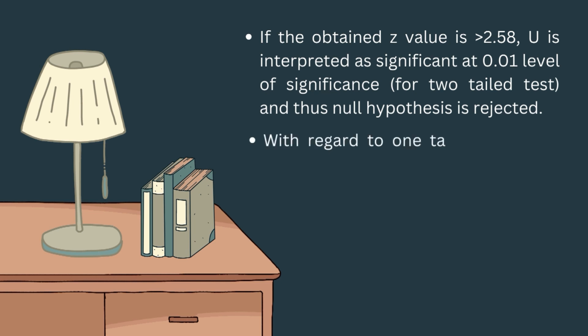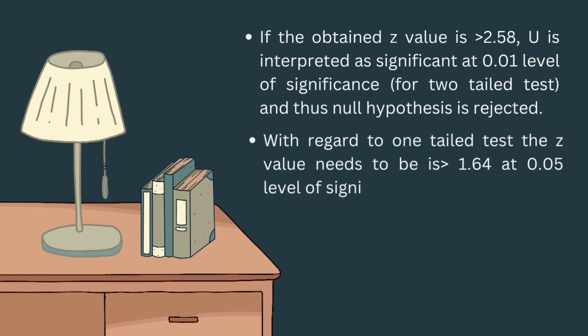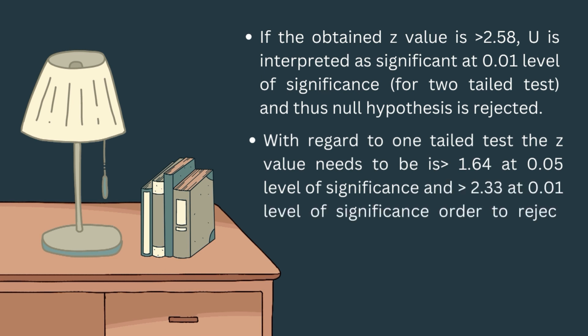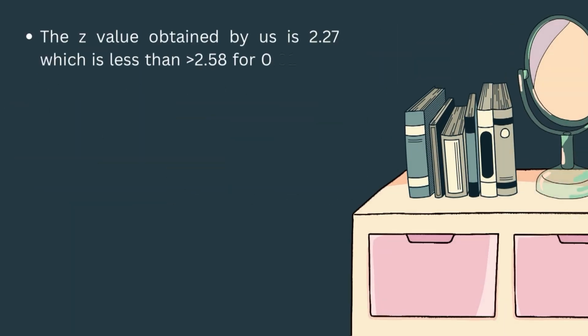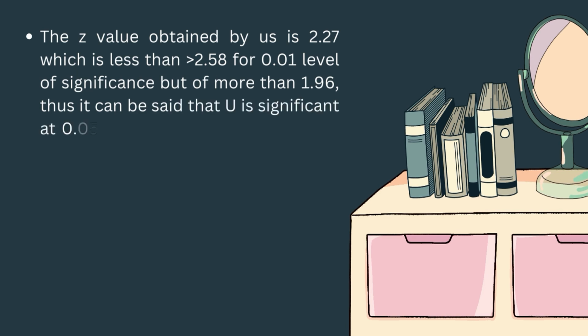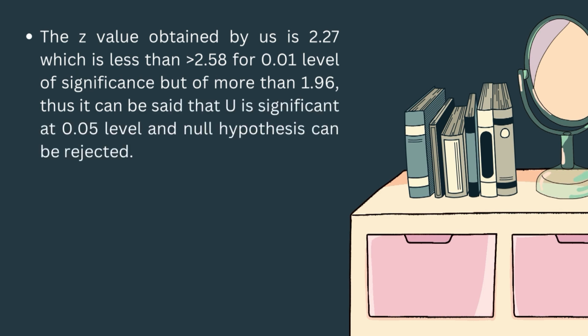With regard to one-tailed test, the z value needs to be higher than or equal to 1.64 at 0.05 level of significance and higher than or equal to 2.33 at 0.01 level of significance in order to reject the null hypothesis. The z value obtained by us is 2.27, which is less than 2.58 for 0.01 level of significance, but more than 1.96.